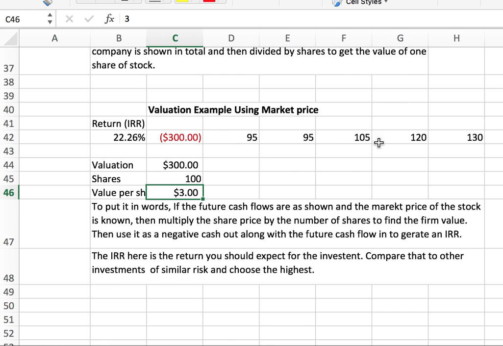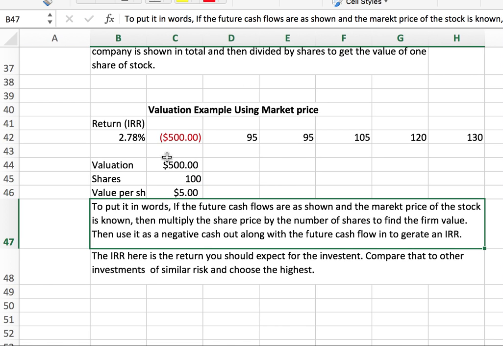We'd get 95, 95, 105, 120, 130. What is the rate of return given this initial investment? 22.26%. If it was actually $5 that we put out, or $500 for the whole company, we would only be earning 2.78%. So there's three different examples and three different uses.